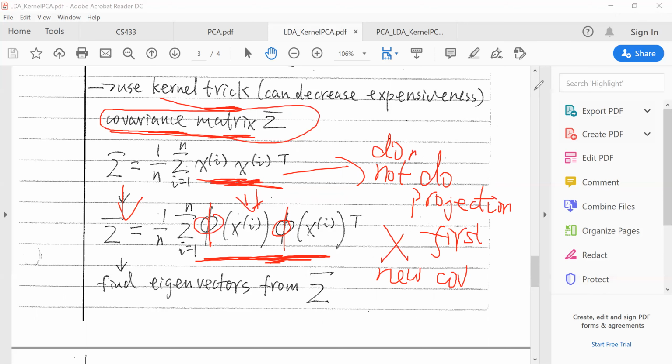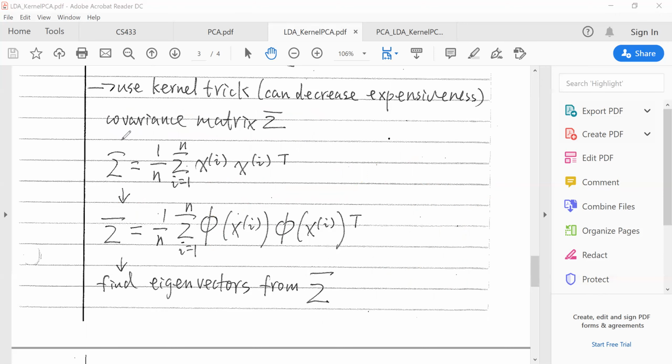What you do here is you just directly apply the kernel trick from this covariance calculation, directly on the original feature space.